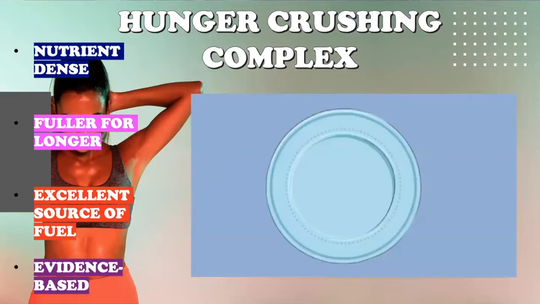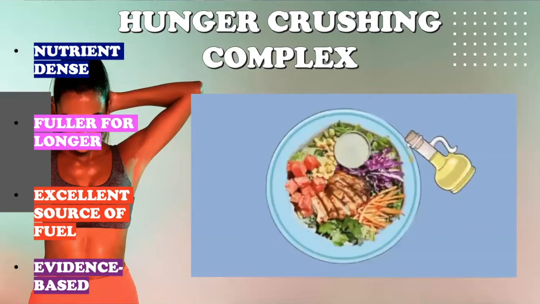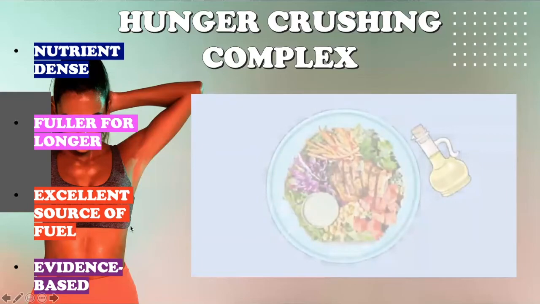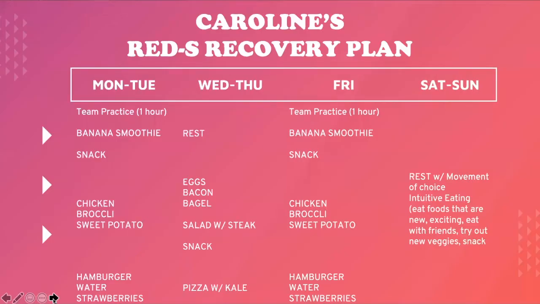So my meals consisted of yogurt, granola, and fruit, avocado, toast, and eggs, ground beef, veggies, olive oil, salad with chicken, and an olive oil-based dressing. So hopefully we know the encouragement of proteins, fats, and fiber is a great way to build our meals and also combat REDS. So this is basically what Caroline's recovery plan will look like.